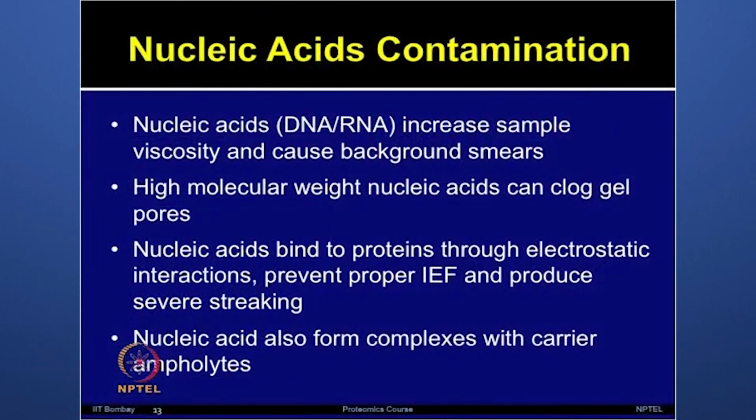High molecular weight nucleic acids such as DNA or RNA can clog the gel pores which are used for gel based proteomic applications. These nucleic acids can bind to the proteins through electrostatic interactions, and it will interfere in the isoelectric focusing step, and it may ultimately result in severe streaking.